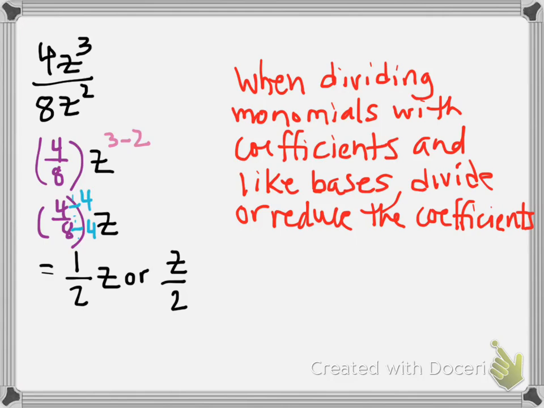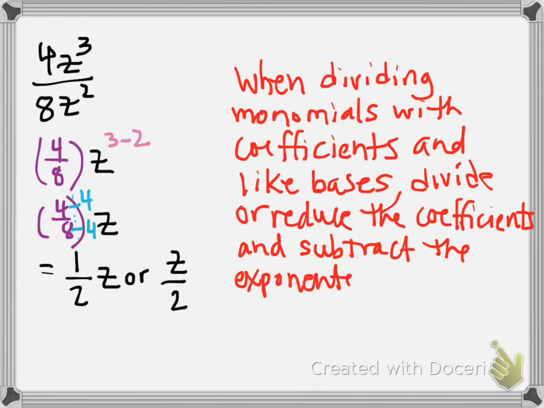What math did we do with the exponents? We subtracted. So that part hasn't changed. So we divide or reduce the coefficients and subtract the exponents on the like bases.